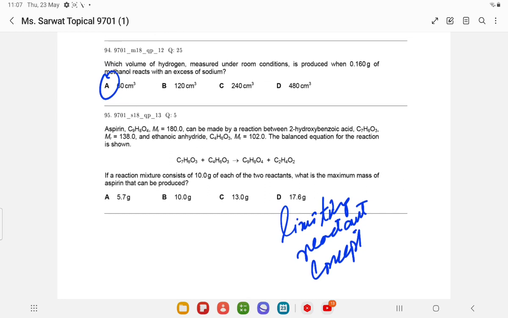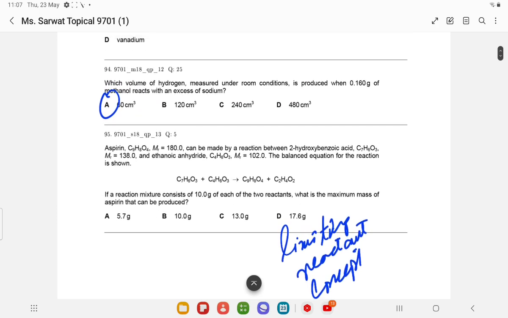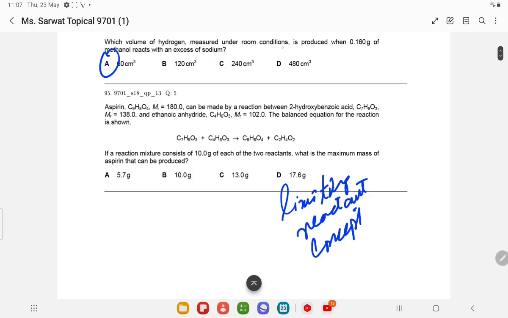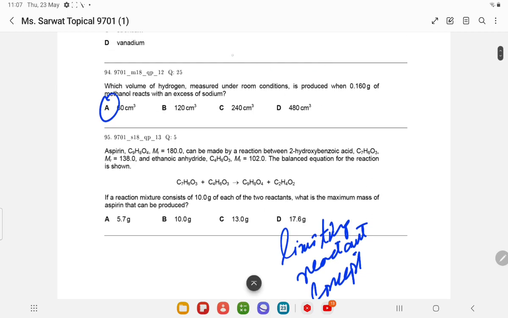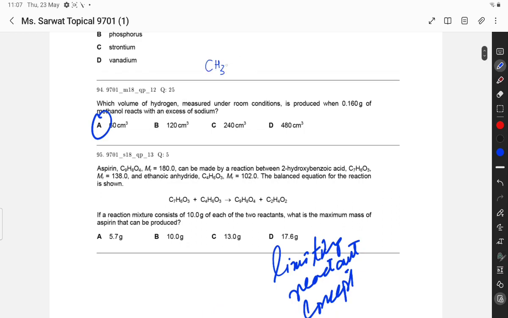Next question. Which volume of hydrogen measured under room conditions is produced when 0.160 gram of methanol reacts with an excess of sodium?